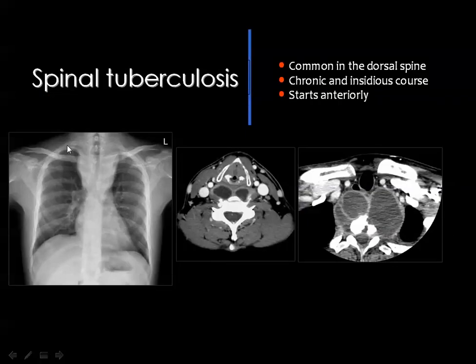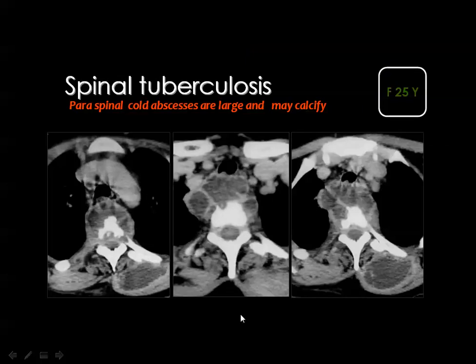Then here you can see broadening of the superior mediastinal shadow, and in the CT scan you can see the typical appearance of abscesses, hypodense lesion with uniform marginal enhancement, multilocular abscesses together with erosive changes of the vertebral bodies as well as the intervertebral disc, which may suggest the possibility of TB or pyogenic infection.